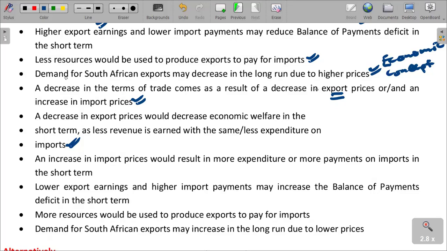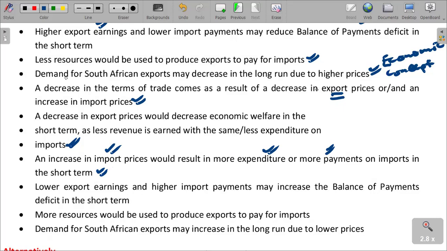An increase in import prices will result in more expenditure or more payments on imports in the short term. Why is it in the short term?